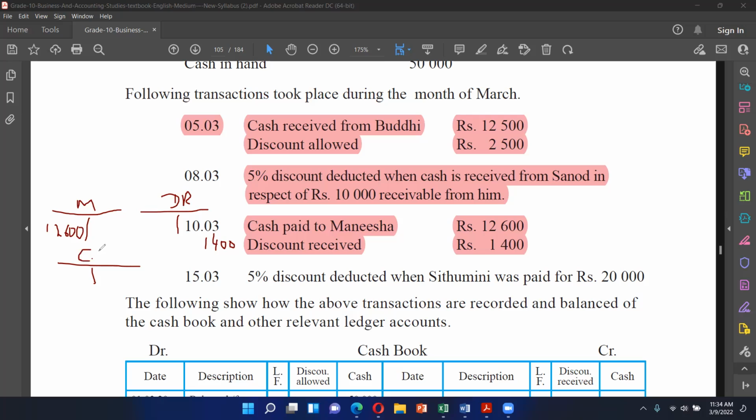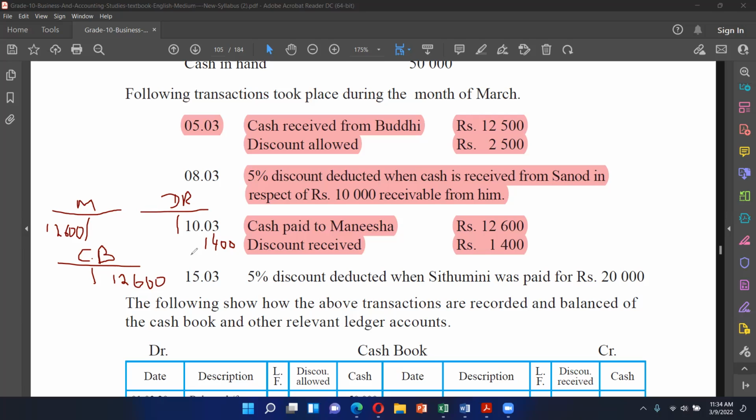Out of the cash, how much do you pay? 12,600. Yeah, that is the only amount that you can credit to the cash book. Remember, how much you pay, only that you credit to the cash book. Others, listen now. How much you pay, you credit the cash. So the corresponding debit entry is Manisha 12,600.